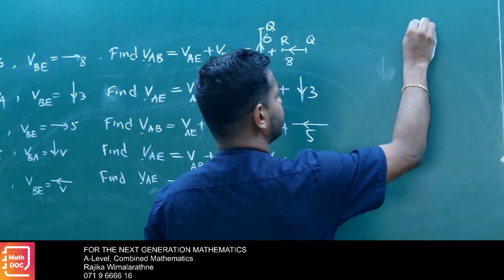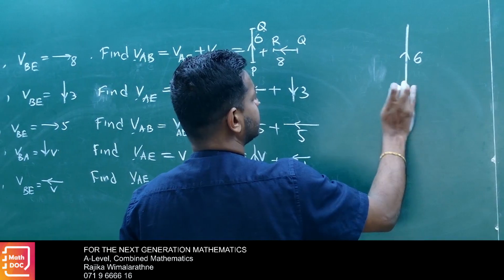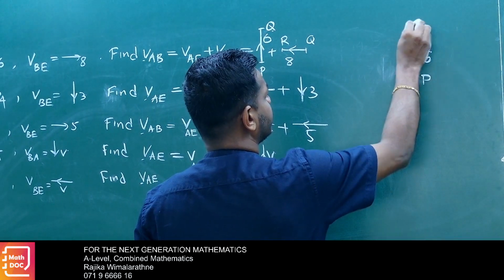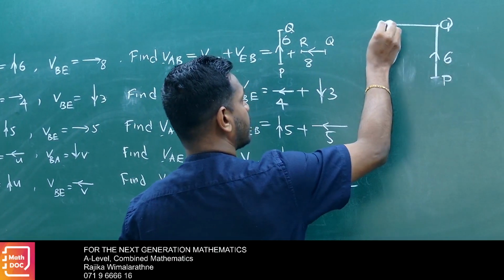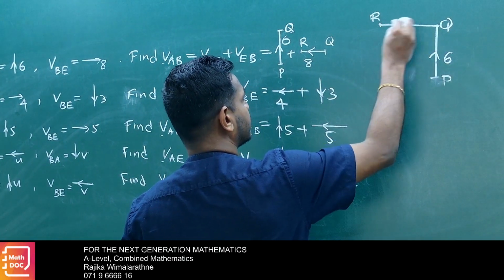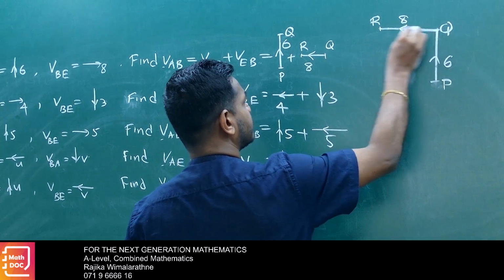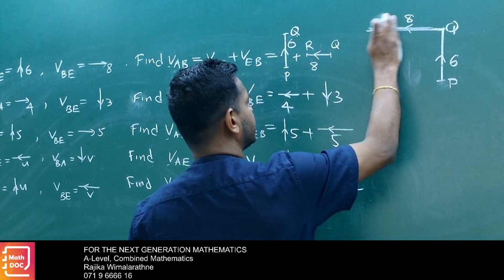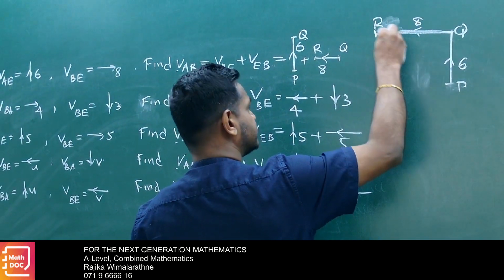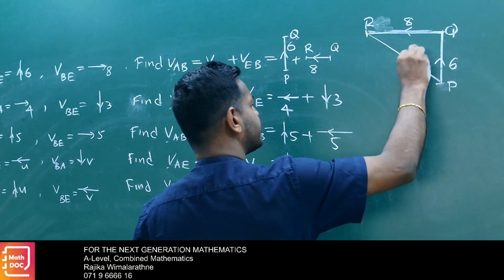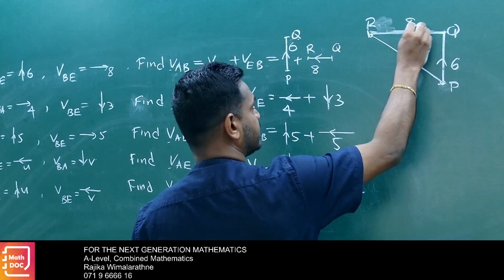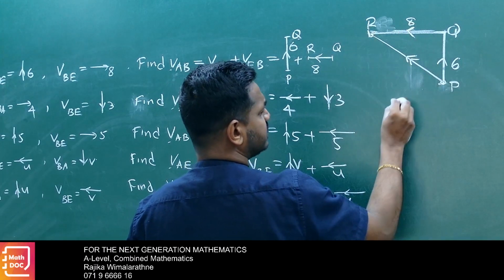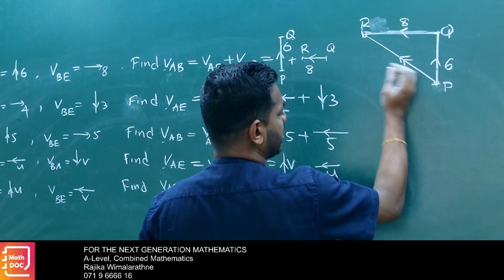Here PQ is 6. At the end point, QR, that is 8. You sketch according to some scale. Then the resultant is this, starting with P and ending with R: PQ plus QR vector. This is called the velocity triangle.